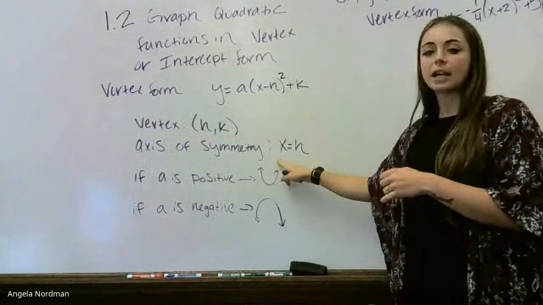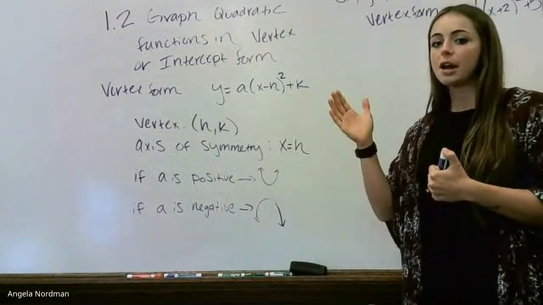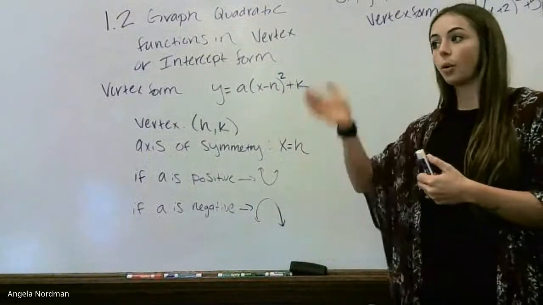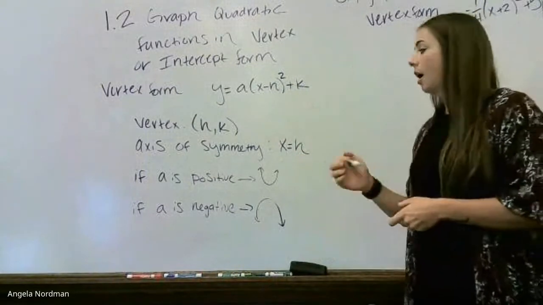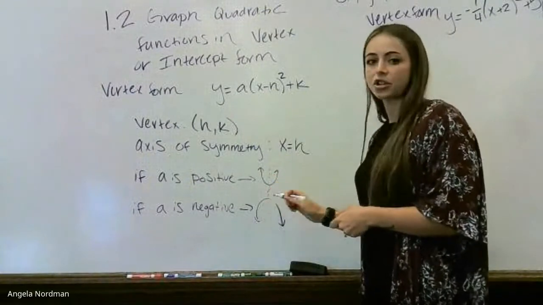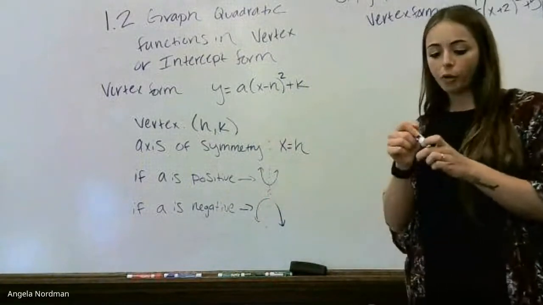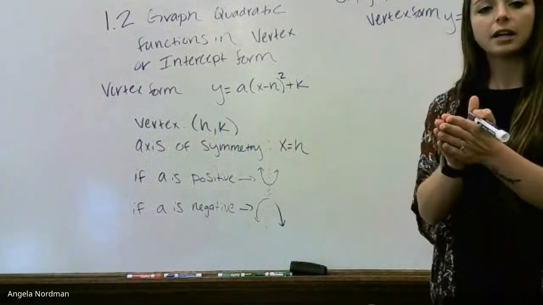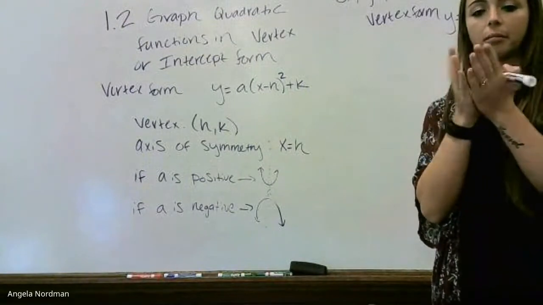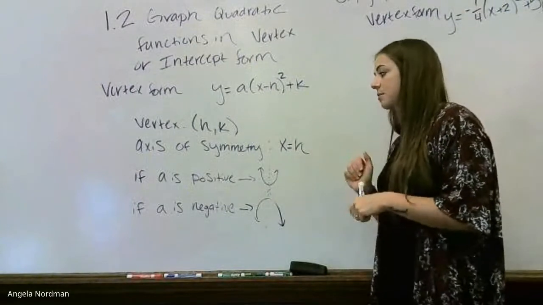The other thing I can get is my axis of symmetry. That is just literally x equals h. So it's going to be a vertical line going through the x-axis. And again, axis of symmetry is that dashed line that goes down the middle of a parabola where I could fold it right over top of that dashed line and the two sides would match up, perfectly symmetrical, therefore the axis of symmetry.